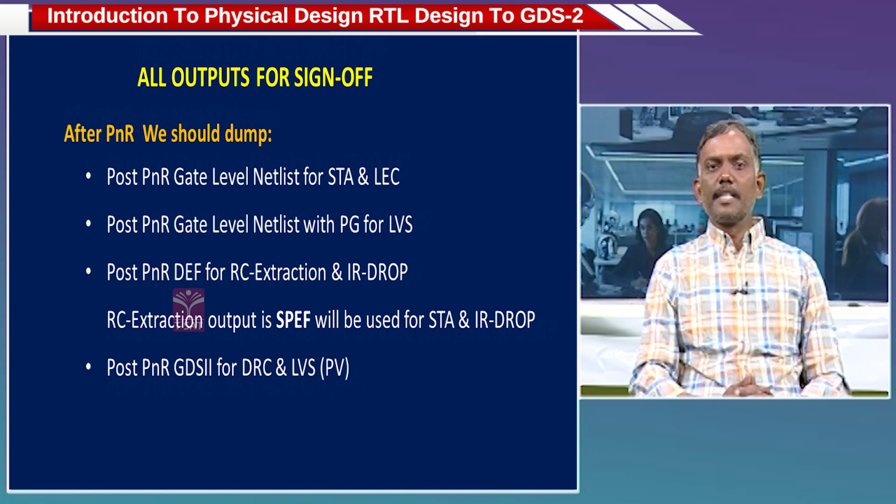Post-PNR gate level netlist, post-PNR gate level netlist with power and ground pins, and post-PNR DEF. Generally, the DEF contains physical information of your design: routing layer information, placement of the standard cells. All this information you can capture in the DEF file.